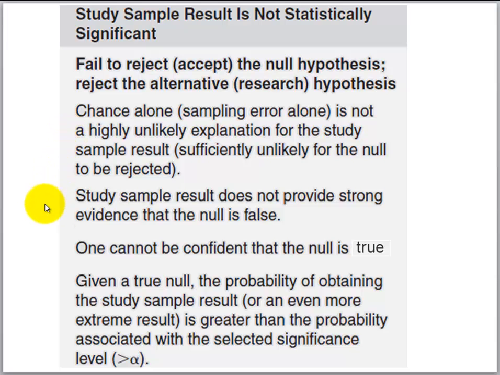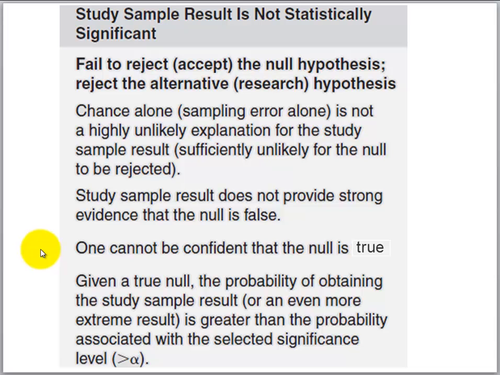When the result is not statistically significant, in essence, that result is not providing strong evidence that the null is false. Now, one of the trickiest conclusions that goes along with the absence of statistical significance, which is to say, accepting the null, is that in this situation, you cannot be confident that the null is true.